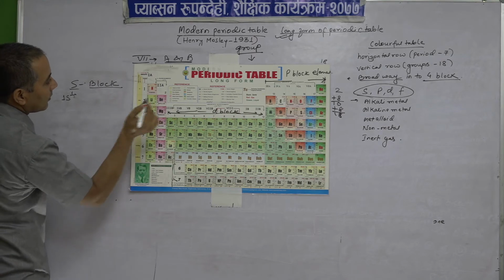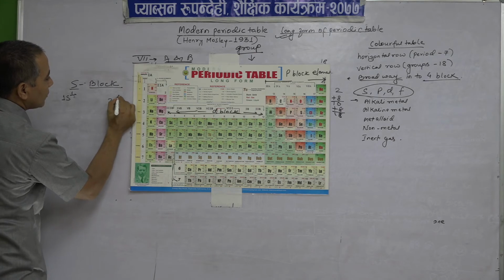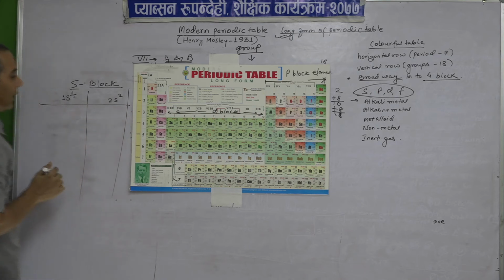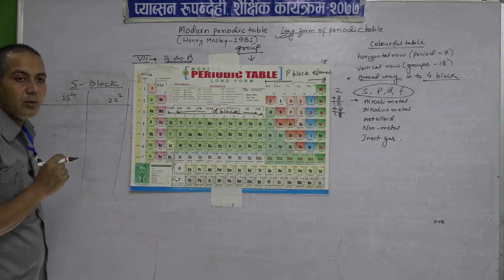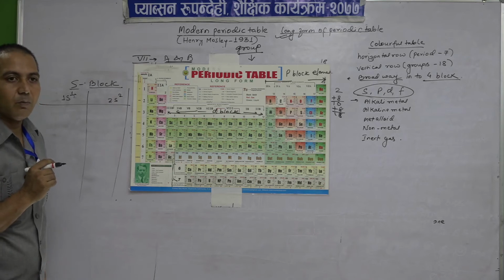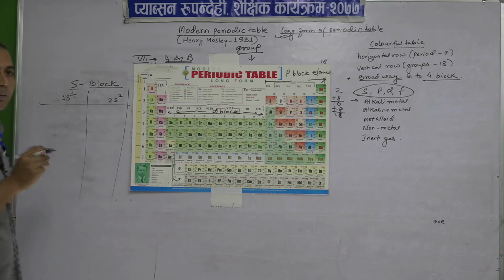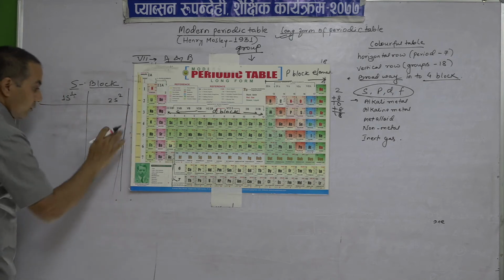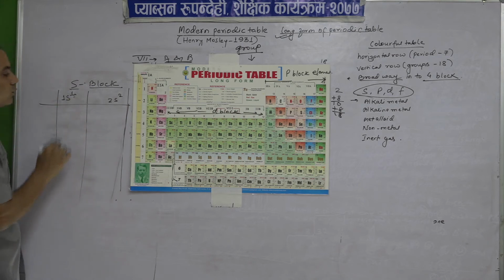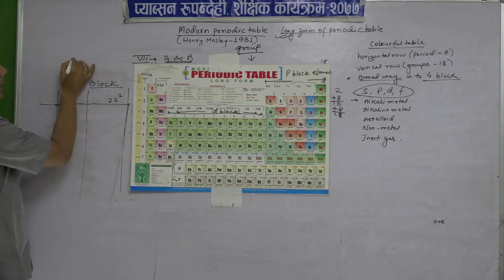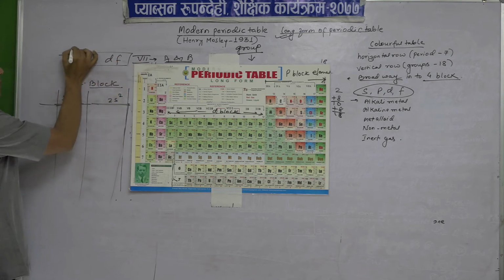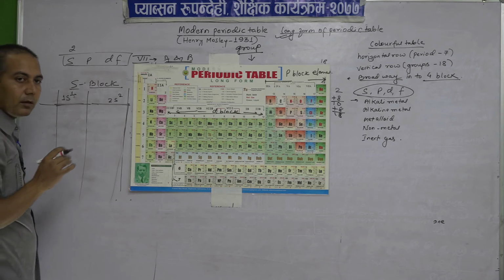Sorry, 2s2. I will tell you what this S block element is. You have studied in class 8, I think, the electronic configuration, the distribution of electrons according to the number. Now, what is the S block? There are S, P, D, F blocks. In the S block, only 2 electrons can be found.